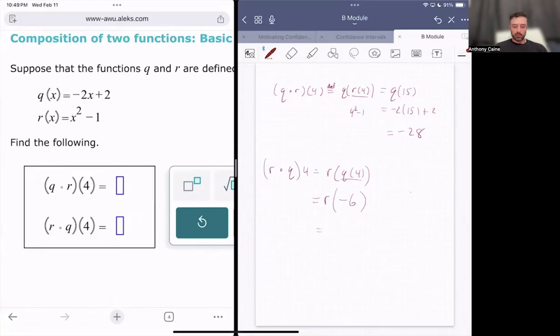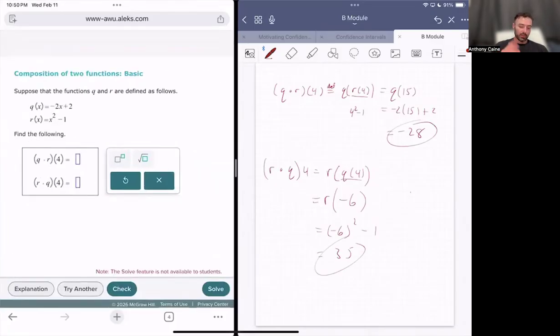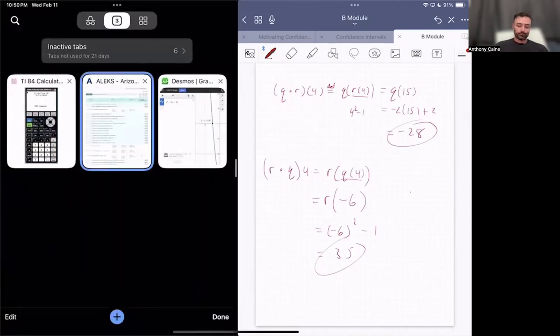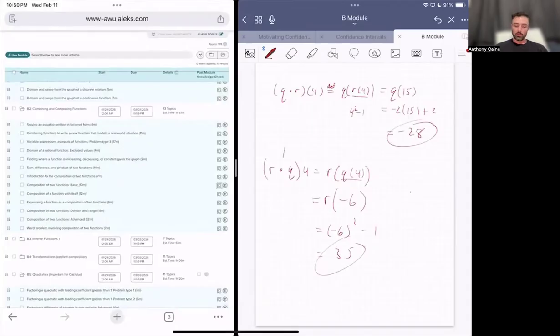And R of that is going to be minus 6 squared minus 1, which is 35. So these are different values, right? It doesn't commute. That's what that's called. You can't switch it and get the same answer. I mean, sometimes you can, but not with this. So that's the same as what we just saw, just new notation. They introduced circle notation.